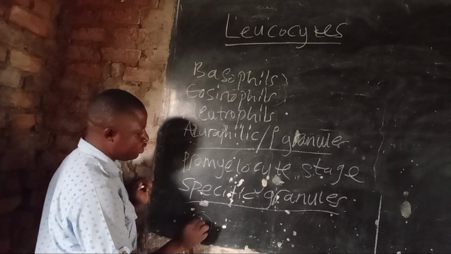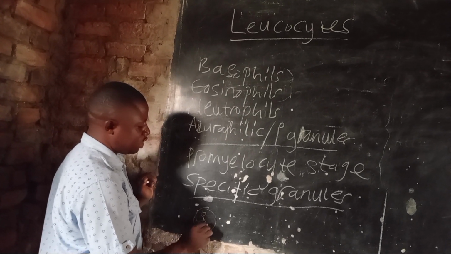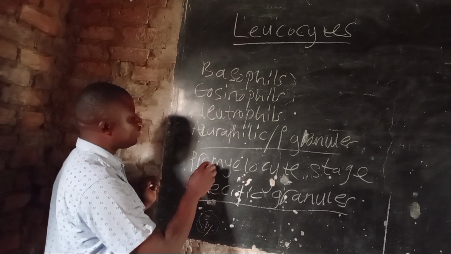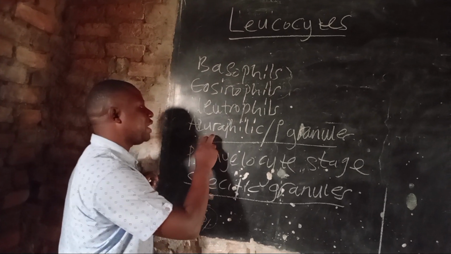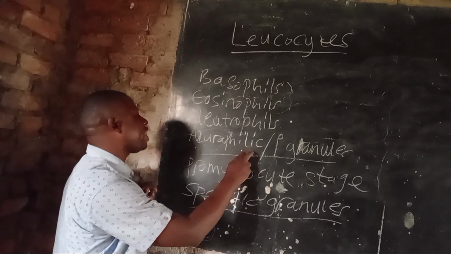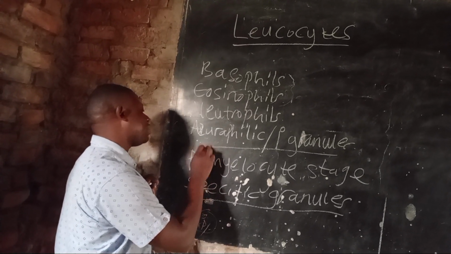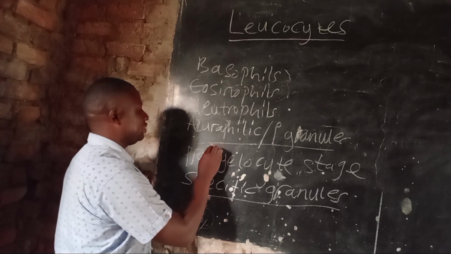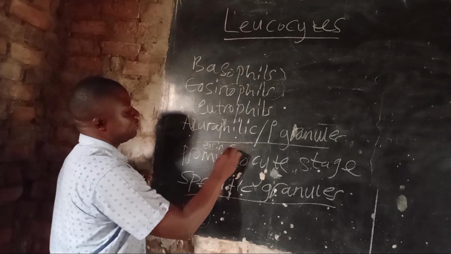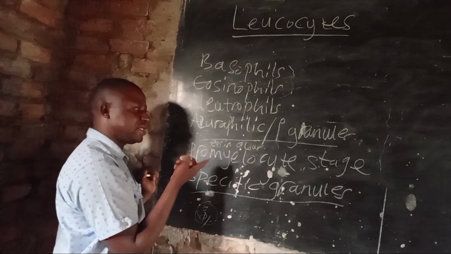Some will stain deep blue, and some will stain pink or purple. The eosinophilic granules only stain red. Actually, they only stain with the eosin color of the Romanovsky stain.